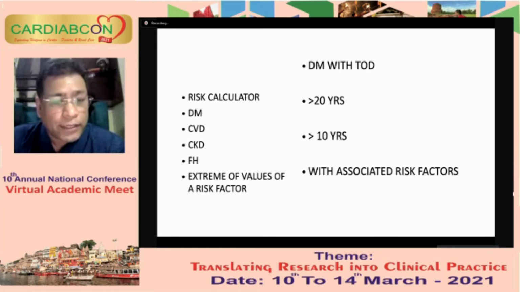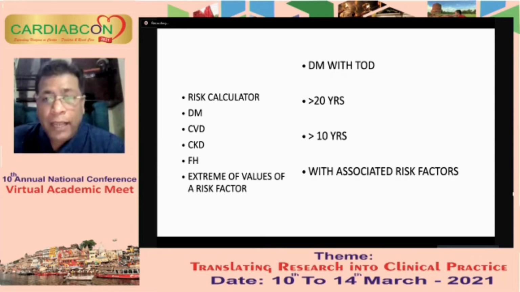These are diabetes, established cardiovascular disease, CKD patients, familial hypercholesterolemia patients, and extremes of value of a particular risk factor, like someone who has a BP of 230 by 110. Straight away the patient goes into a very high risk category. Someone who has an LDL of 210 also goes straight to very high risk. So this is how we risk stratify.